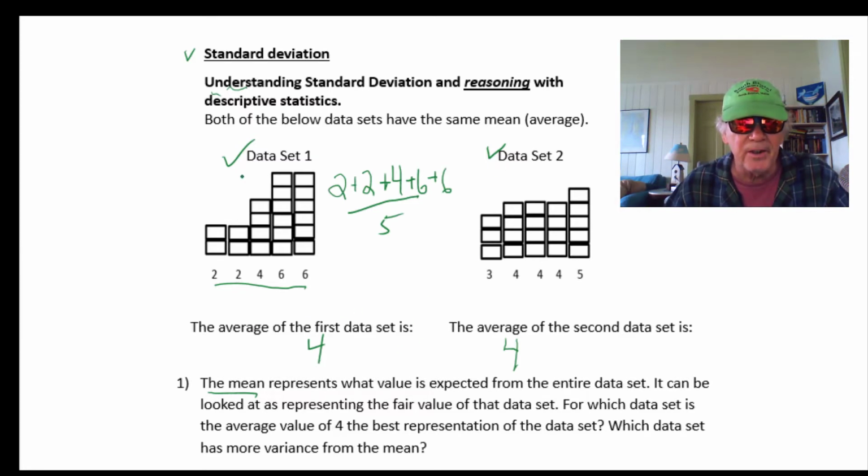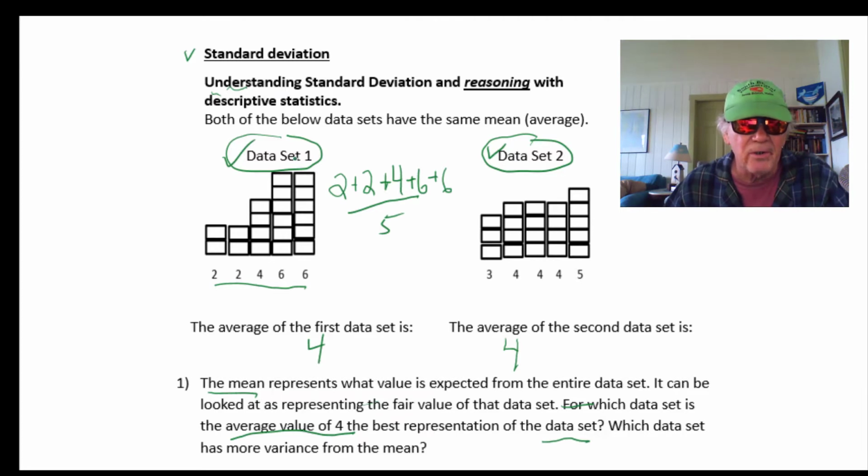For which data set? So I'm asking you, for which of these data sets, either this one or this one, is the average value of 4, right there, the best representation of the data set?